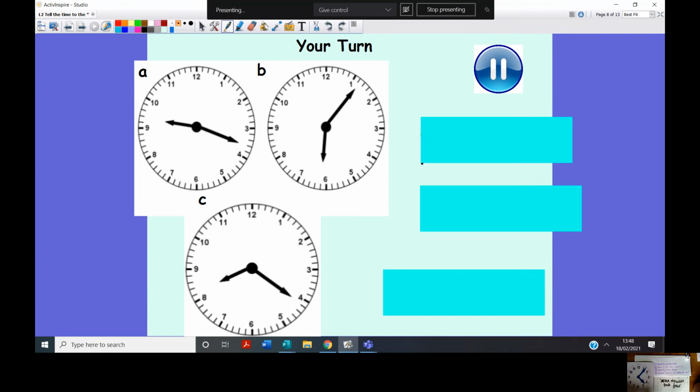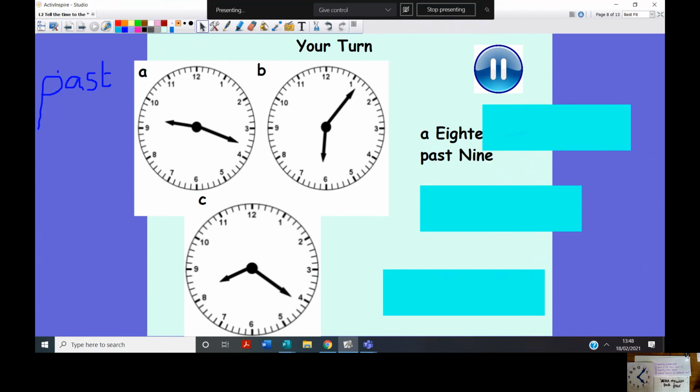They're all going to be past. So minutes past. That's going to be your sentence structure for your answer. Okay, press pause now, and when you're ready, press play.